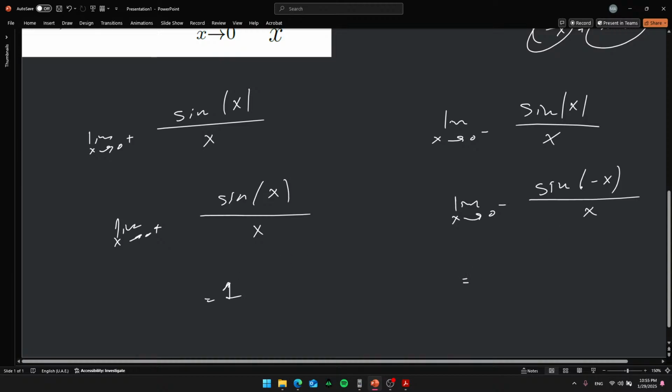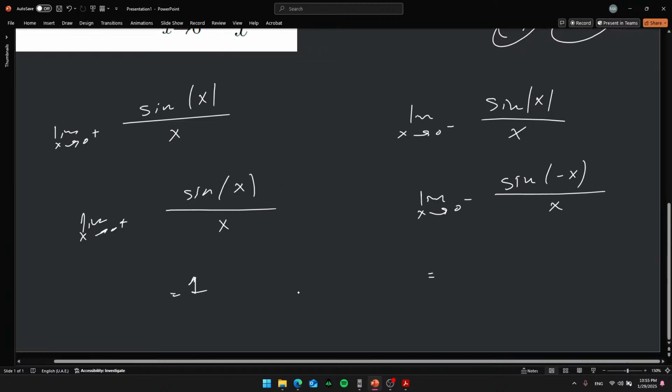And remember, sine of negative a is equal to negative sine of a, so I could pull the negative out of the angle. Limit as x approaches 0 from the left, negative sine x over x.